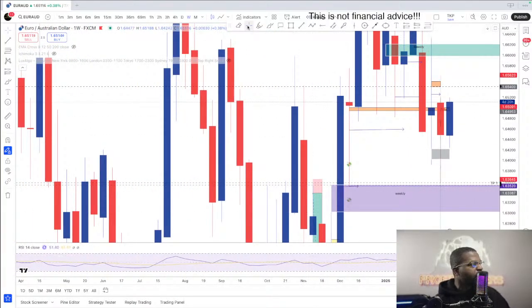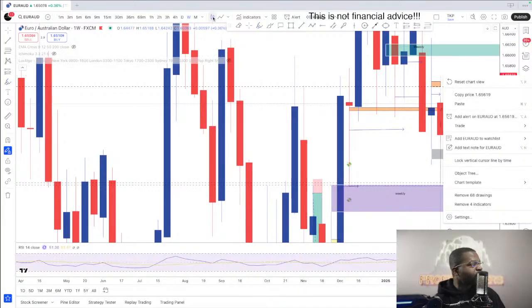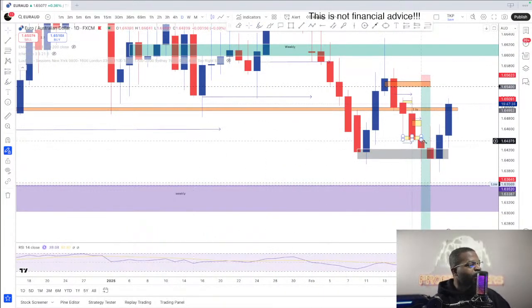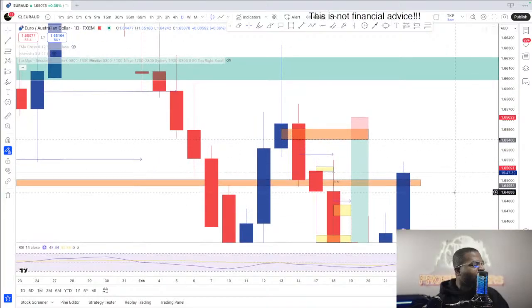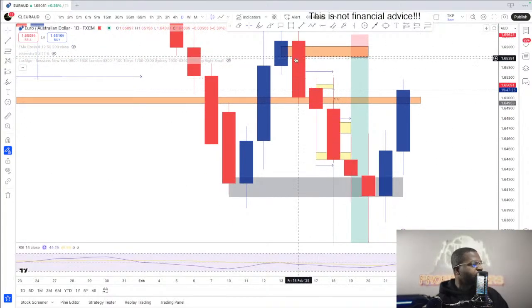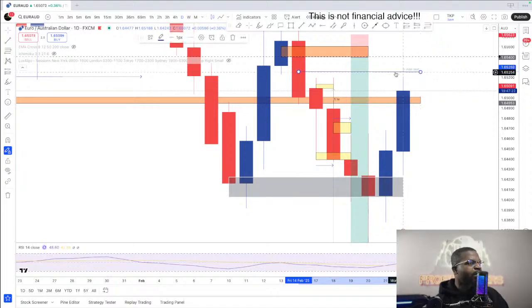Okay, so on the weekly, we got to pull back to this level. This is the key level that we want to take a look at right now. I always start with the higher time frames, then work my way down. On a daily, we got multiple tests right here at these highs.